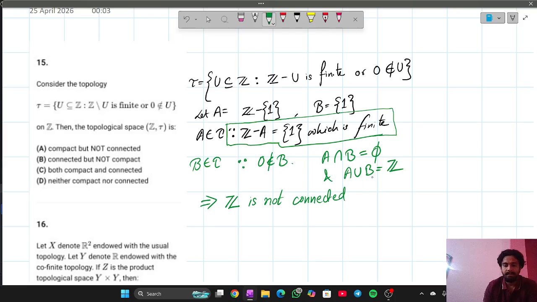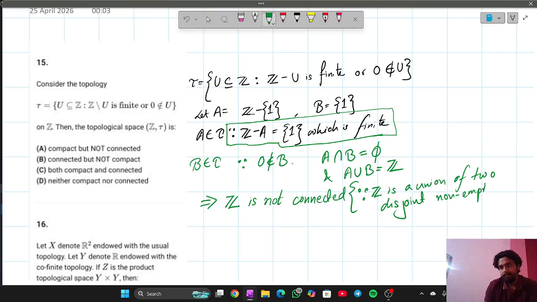And why is that? Since Z is a union of two disjoint non-empty open sets.